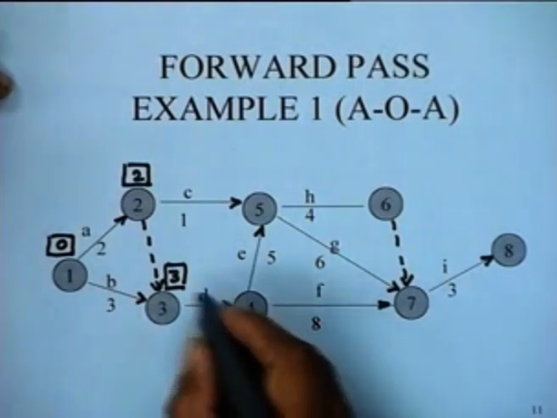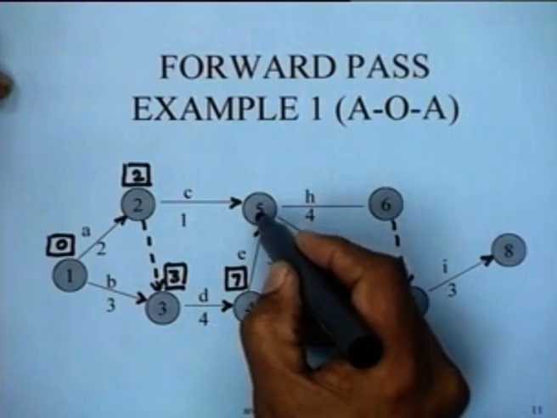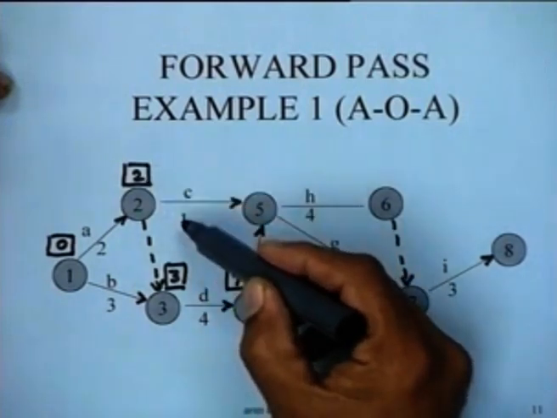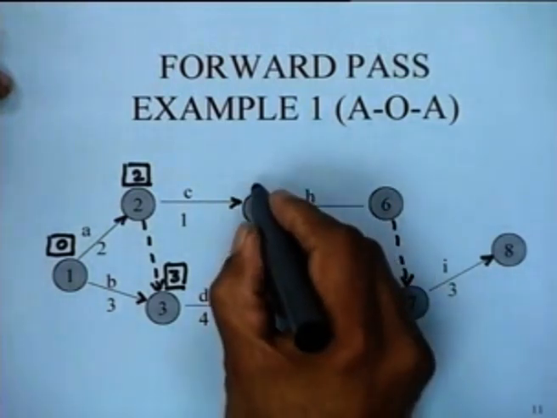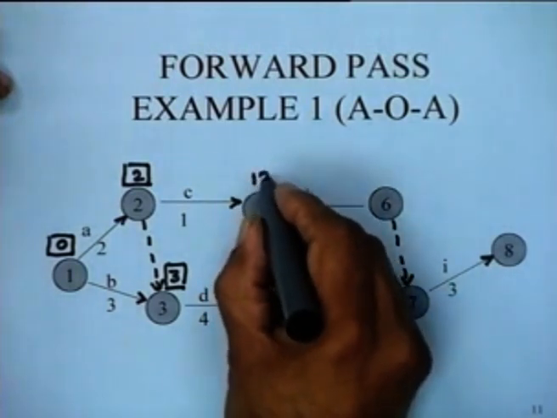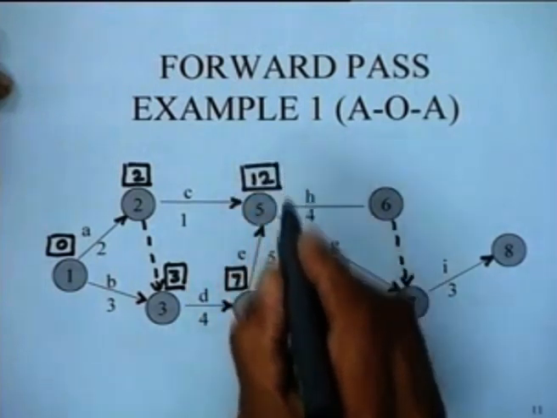Then we come to node 4, 3 plus 4 is 7. Then you look at node 5, we have to take the maximum of 2 plus 1, which is 3, and 7 plus 5, which is 12. So, obviously the maximum is 12. So, the earliest occurrence time of this node will be 12.